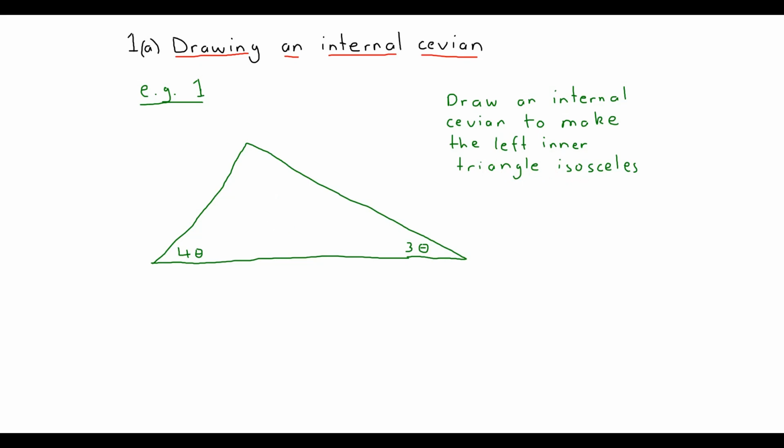I'm going to draw an internal Servian, and I'm going to construct my Servian along here, and I'm going to make it such that this is 4 theta. Okay, so I've chosen to construct the line like this. I now know that this and this are equal because my base angles are equal.